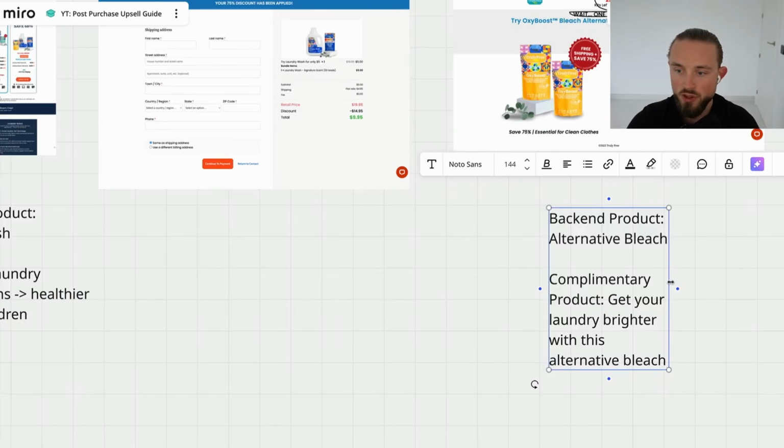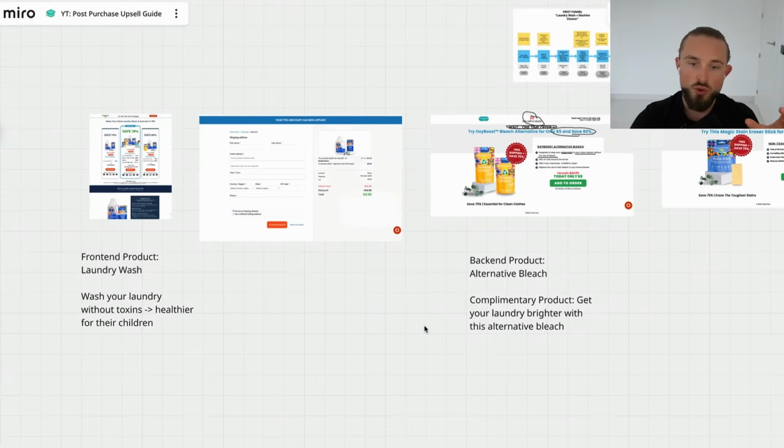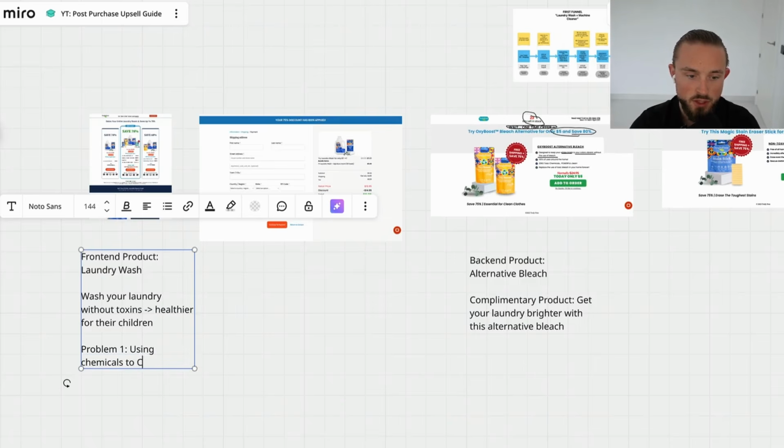So in the first back-end product we tell them, this is the perfect complementary product to the product you just bought, because you can get a better wash. So if you think about the problem, using chemicals to clean the clothes.